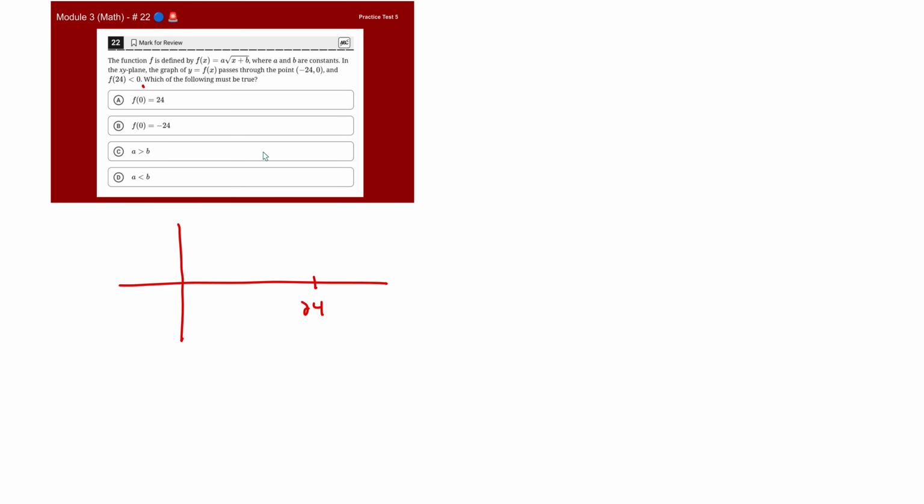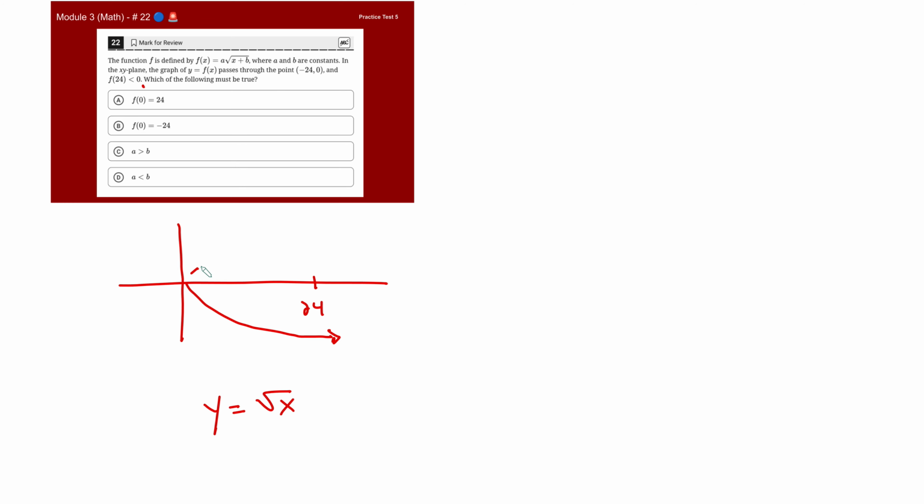We also know that this is a square root function, and the parent function looks like this. Normally it goes like this. That would be the graph of y equals the square root of x. However, for this particular graph, when x is 24, y is negative, so it's going like that.